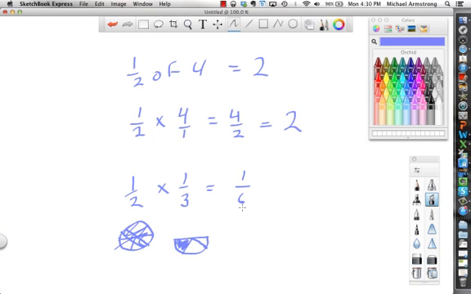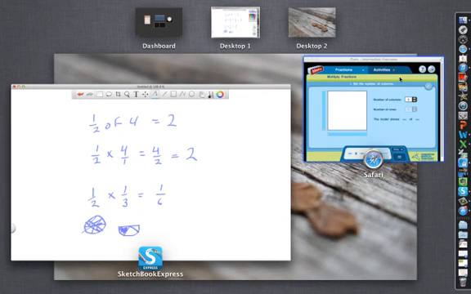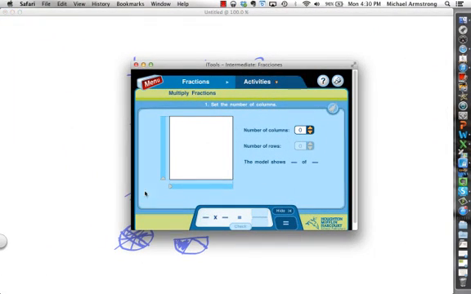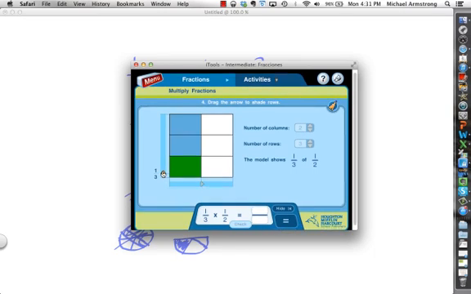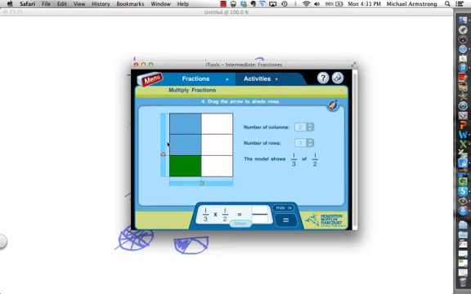And that gives us this tiny number, 6ths. And this is the tool that the internet gives us. One of the neat things about the internet is there are some neat tools there. If we do this, the number of columns equals 2, and we slide this over to equal 1/2. And then the number of rows is thirds, and we slide this up to equal 1/3.